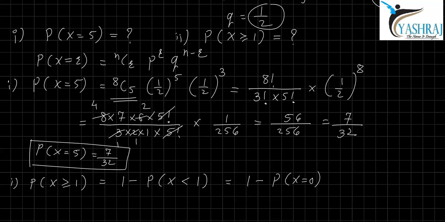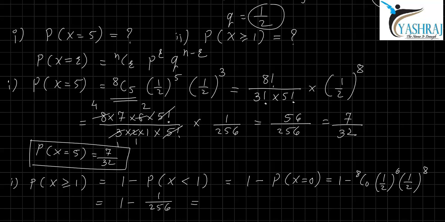Now 1 minus P of x equals 0: we have 8C0 into half to the power 0 into half to the power 8 minus 0, which is 8. So we get 1 minus 8C0, which is 1, and 1 into half to the power 0 is 1. 1 into 1 becomes 1, and 1 into 1 upon 2 to the power 8 becomes 1 upon 256.